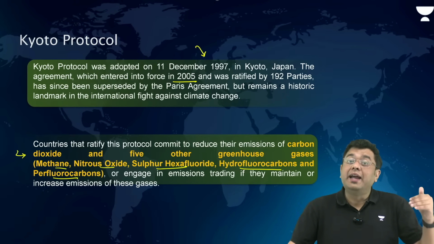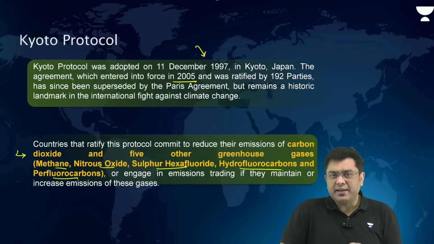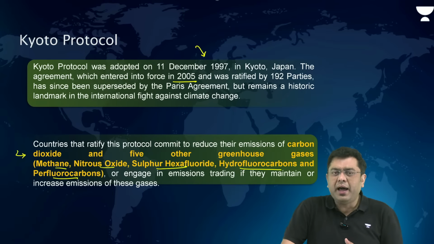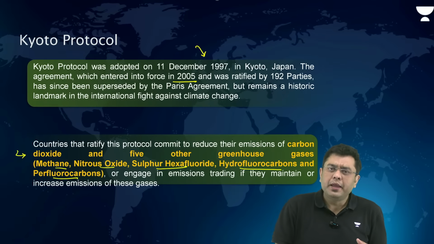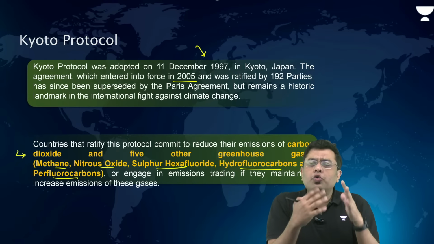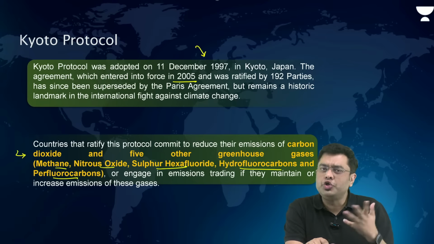Now, a target was set for all the various different countries, developed countries that is, in order to stop the emission of those. And it was also said that for those countries who are unable to meet the target, we will introduce a market mechanism. What is that? So basically, think about it. Let's suppose I give you a goal that in 5 days you have to finish the portion of geography.